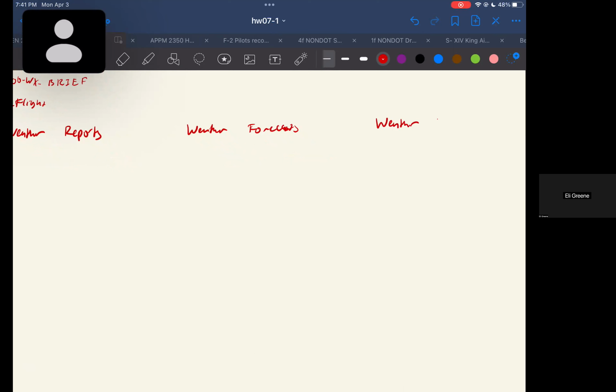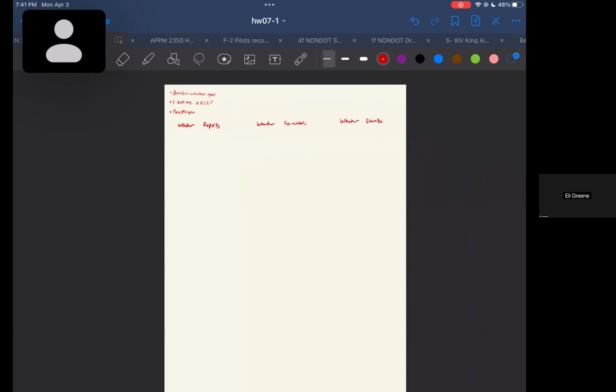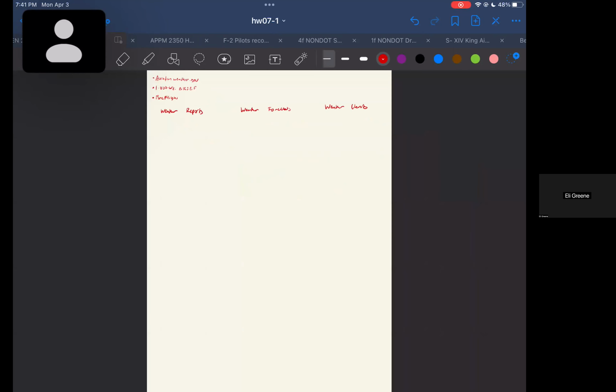And then you have in-flight weather stuff as well. And those are kind of our four main groups that we have to actually look at.